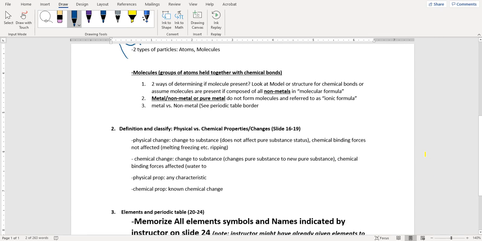Now, some other things I briefly want to talk about. It's not directly on the slides, but we need a quick way of looking at a formula to figure out whether it's a molecule or not. So one little trick is if you see a formula like this, NaCl, and you're able to recognize that one of the elements is a metal, then automatically it is not going to be a molecule.